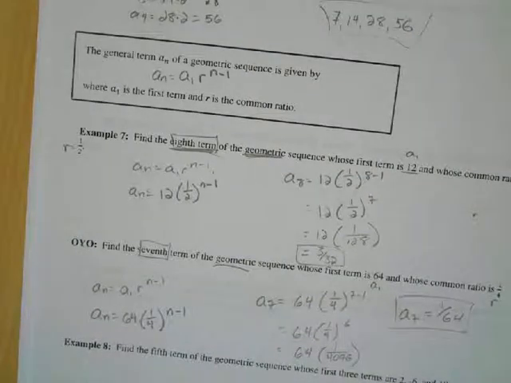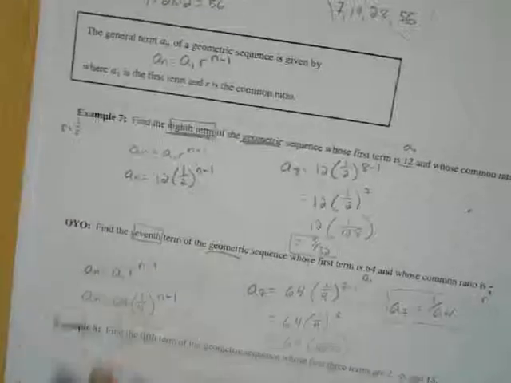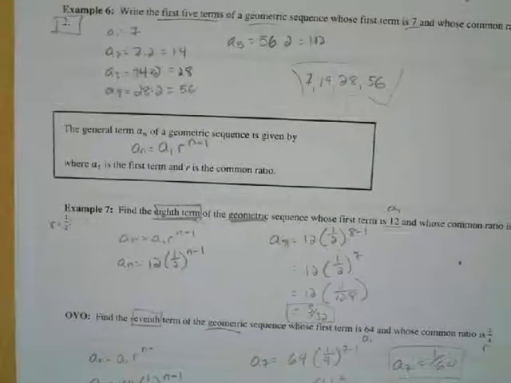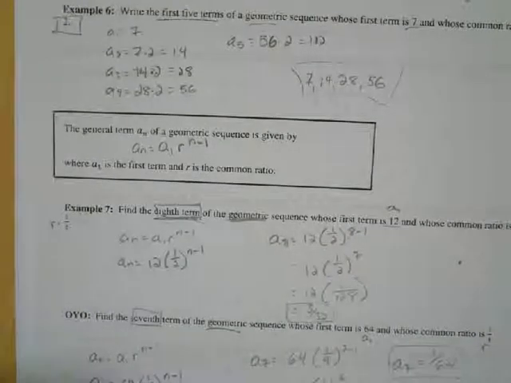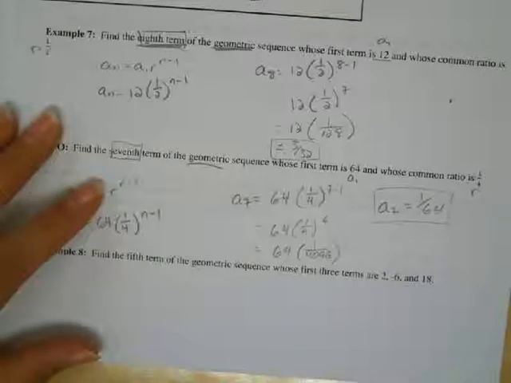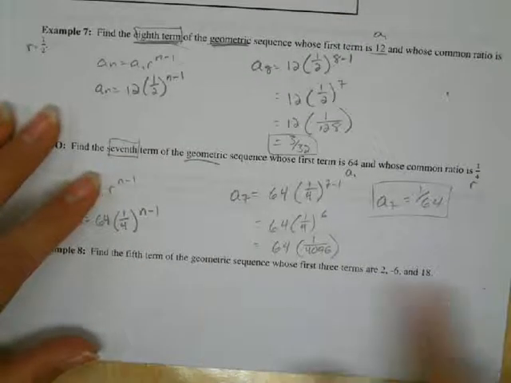Okay, but hopefully you got there, or at least understand how to get there. Alright, so now find the 5th term of the geometric sequence whose first 3 terms are 2, -6, and 18. So here we go again where they give us the numbers.